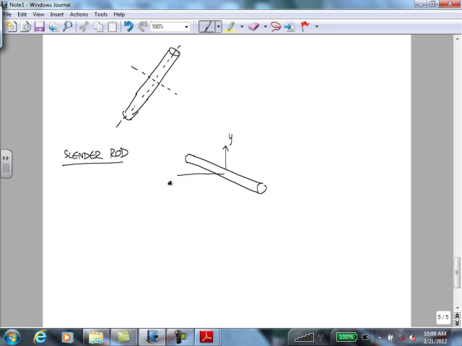The moments of inertia about y and z are the same, and it's 1/12 times the mass times the length squared. What if you wanted to calculate the moment of inertia about x?